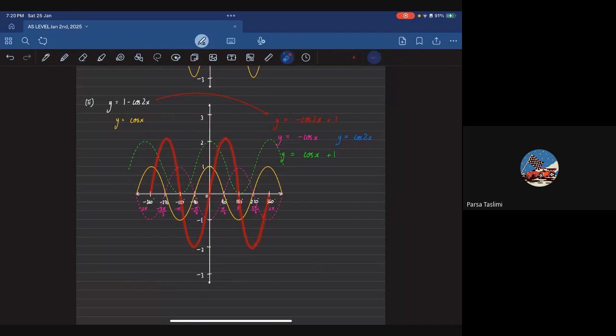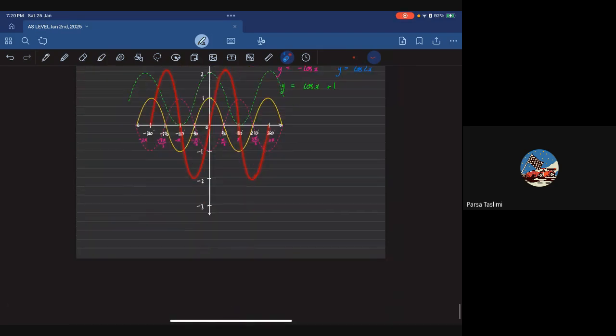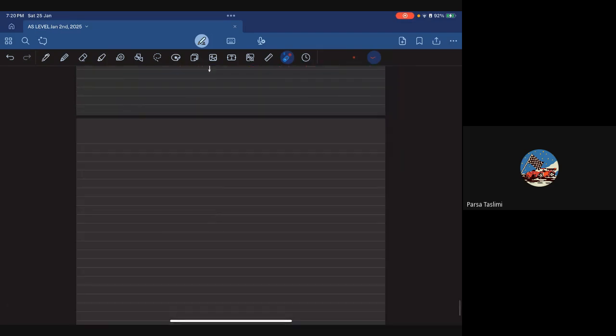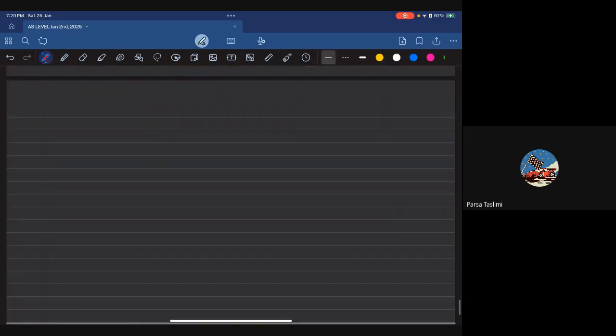Now, where were we? Once we were done with this, now we can move on to quadrant solving. This is all really basic stuff that we have already done since IGCSEs.